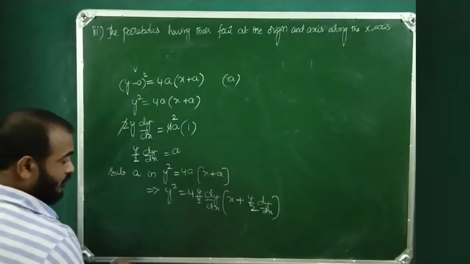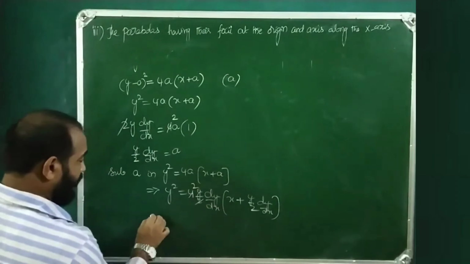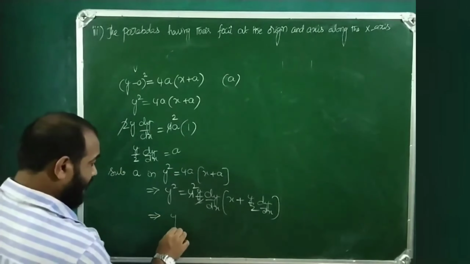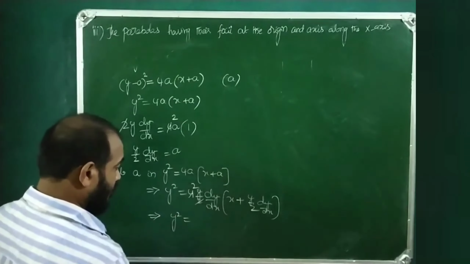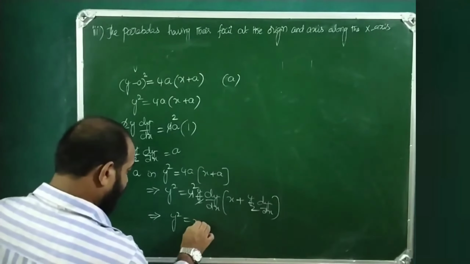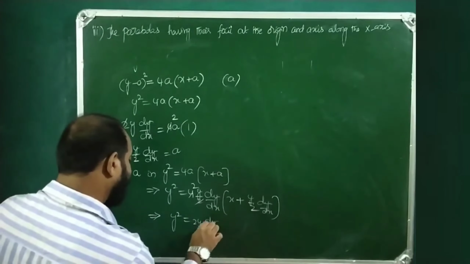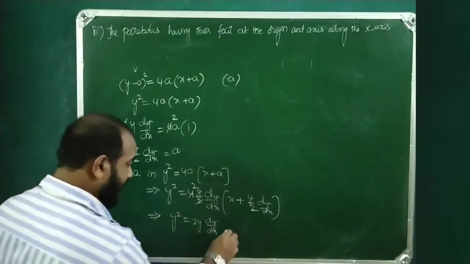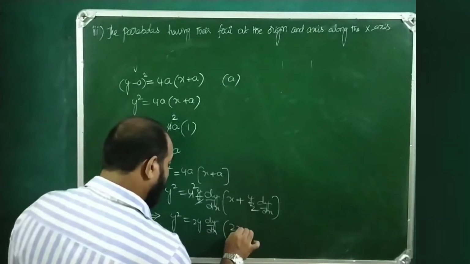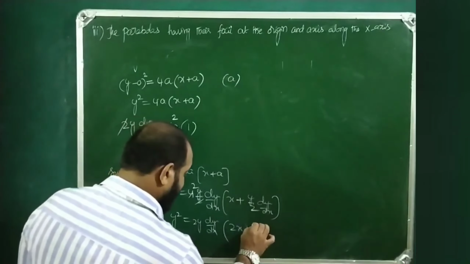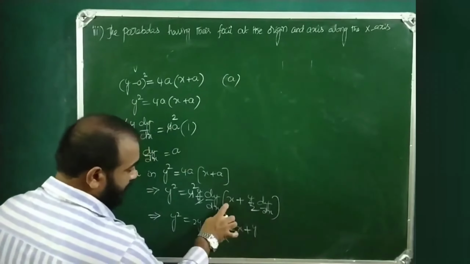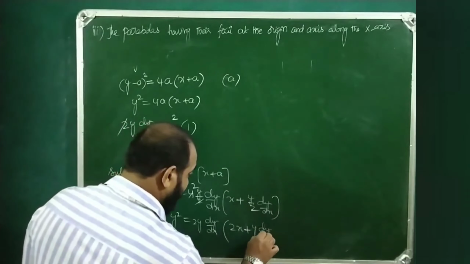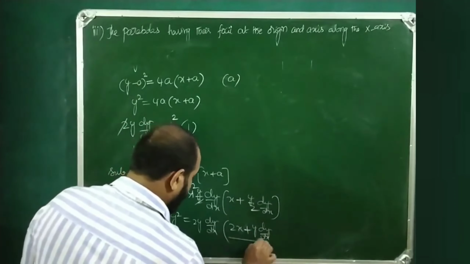Cancelling the 2, y square equals 2y dy by dx into x plus y by 2 dy by dx.